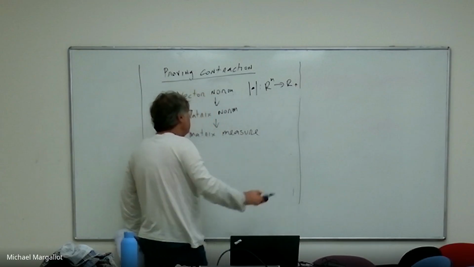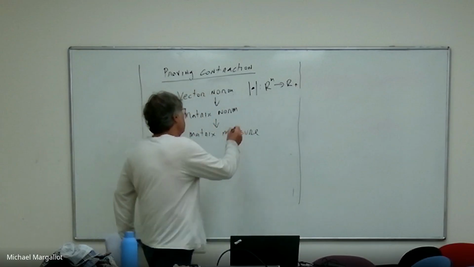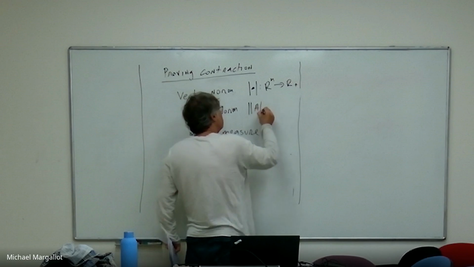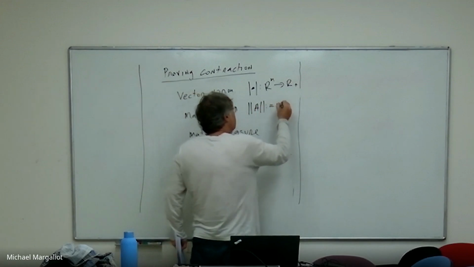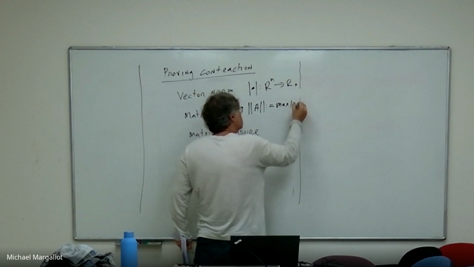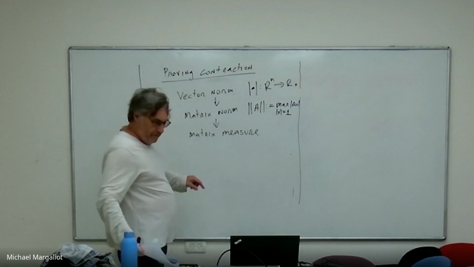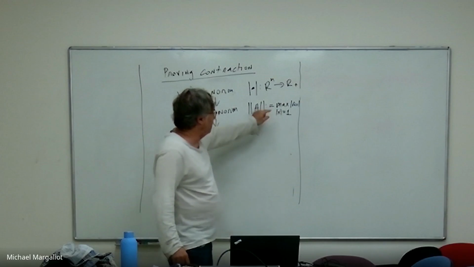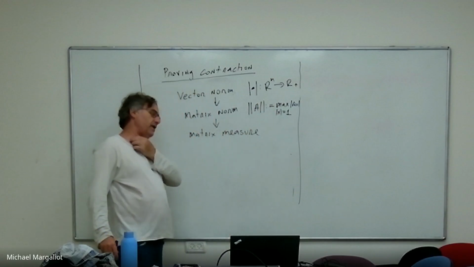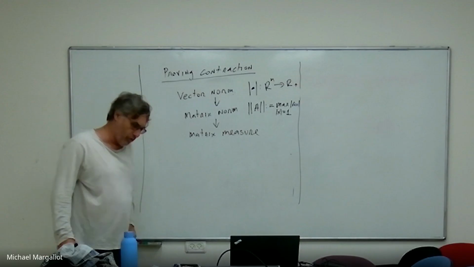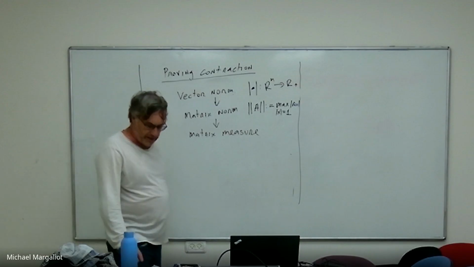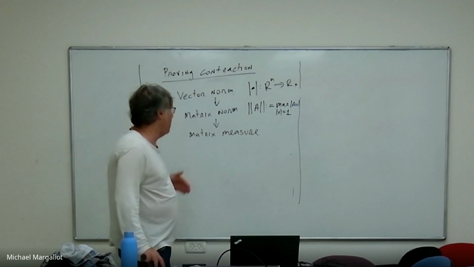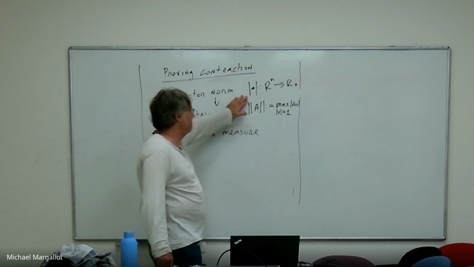Now, a vector norm induces a matrix norm. Then a matrix norm, denoted by 2 bars, is defined as follows. We have our vector norm. We consider the unit circle in our vector norm. So we go over all the vectors x that have vector norm 1 in our vector norm, whatever it is.